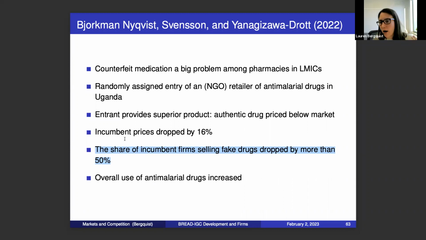This suggests at least part of the problem can be ameliorated by downstream retailer behavior. They find the welfare effects you'd expect: the overall use of anti-malarial drugs increased, as people learn that the quality is better. So who the entrant is can really matter.